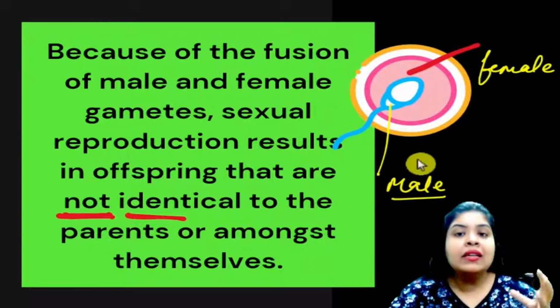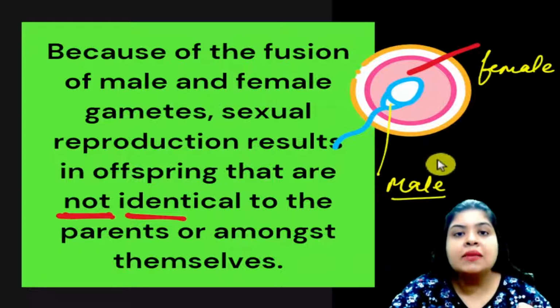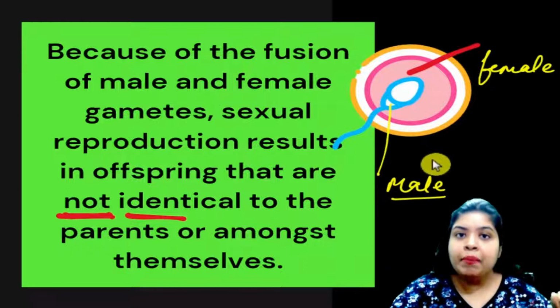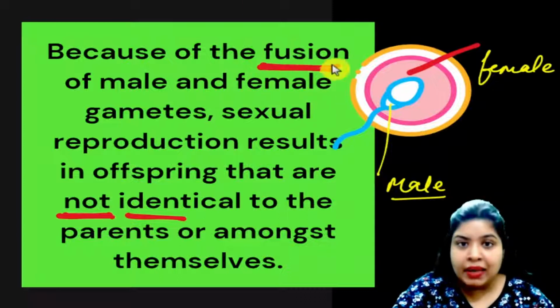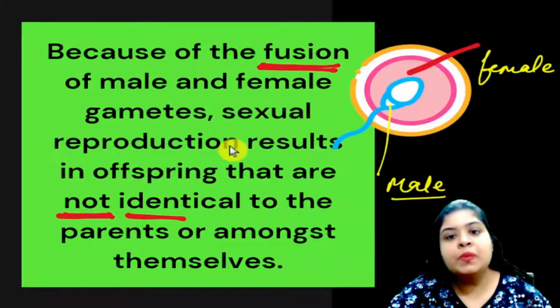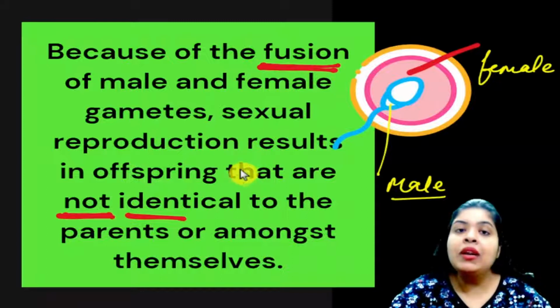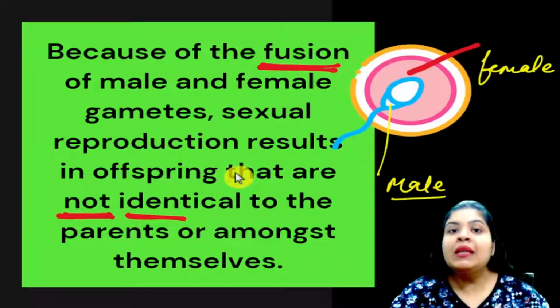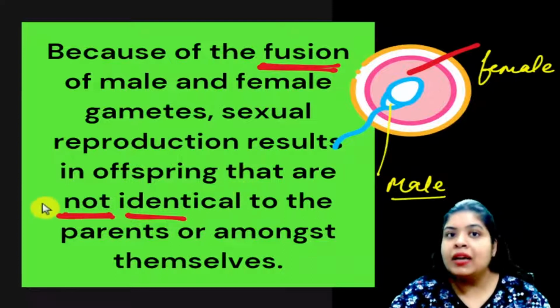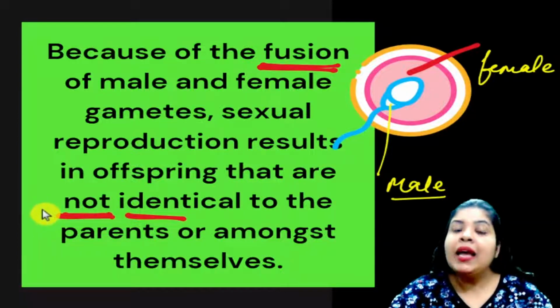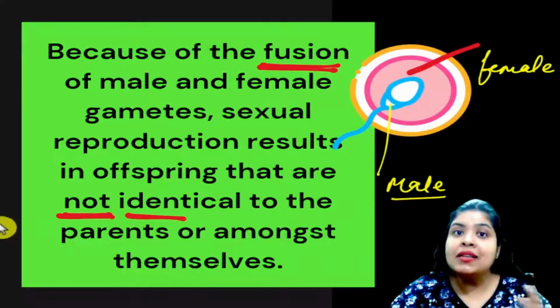Here in sexual reproduction we discuss the fusion of male and female gamete. इसलिए जो offspring बनता है वो बिल्कुल आइडेंटिकल नहीं होता, it is not exactly the same as that of the parents, क्योंकि अगर आपको याद है तो हमने लास्ट वीडियो में एसेक्सुअल रिप्रोडक्शन में पढ़ा था कि जो ऑफस्प्रिंग बनता है they are the clone copies of their parents and also they are very identical amongst each other.